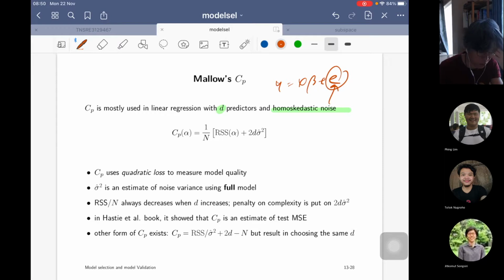The variance of each e_i is assumed to be constant, all equal noise variance. The score again consists of two terms, the model quality and the model complexity.